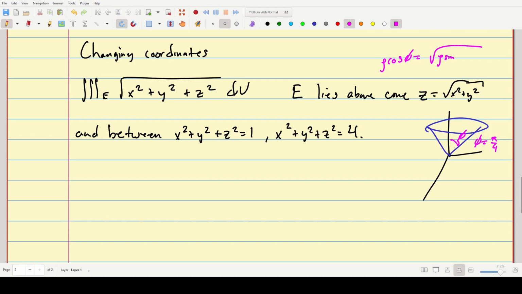The way to solve this, if you happen to have forgotten, is you would plug in x and y in spherical coordinates. This equation would resolve to the point where you would see that cosine of phi has to equal sine of phi. And so that tells you that phi has to be pi over 4, because you need the trig function on both sides to be 1 over the square root of 2.